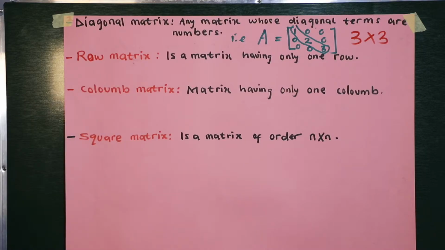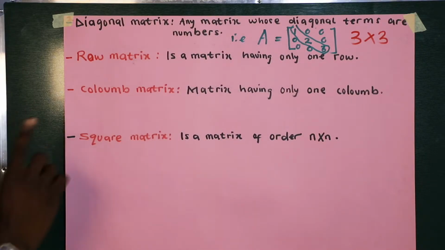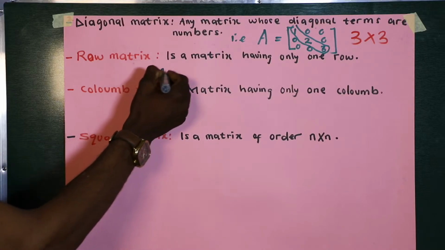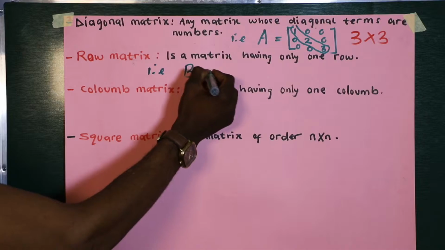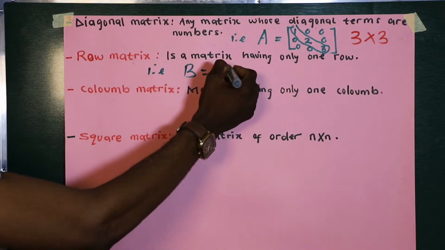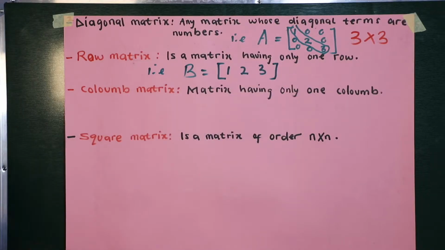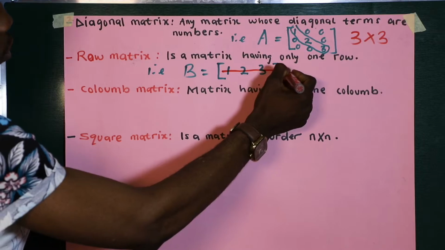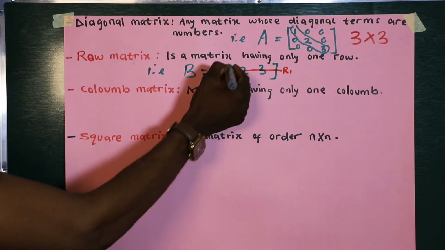We have the row matrix. It's a matrix having only one row. Any matrix that has only one row is called a row matrix, i.e., let B be the matrix 1, 2, 3. It has only one row and 3 columns.